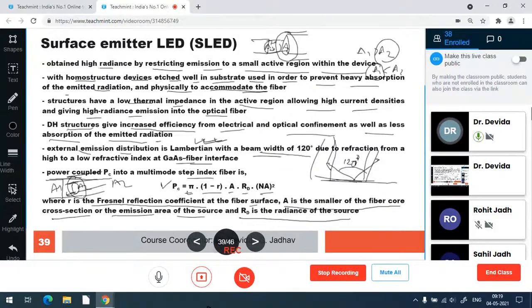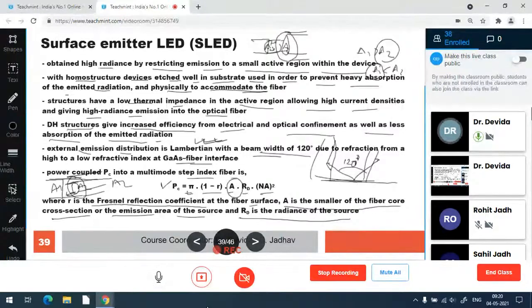A2. Whichever is smaller is considered. If the LED has the smaller emission area, that area is taken as A. If the fiber has the smaller area, then the fiber core area is taken as A.